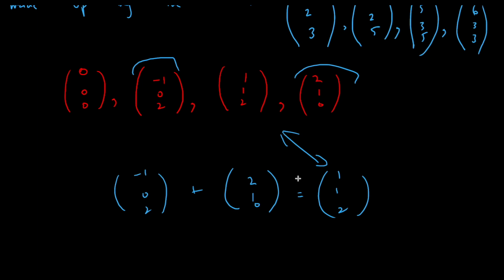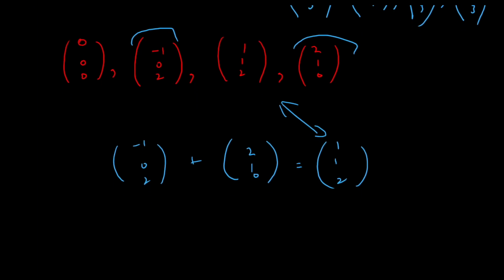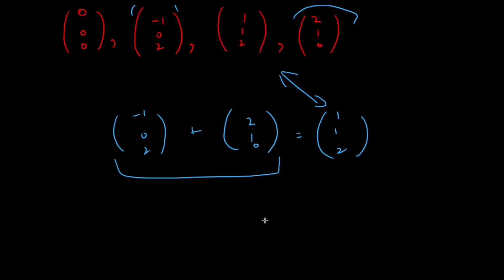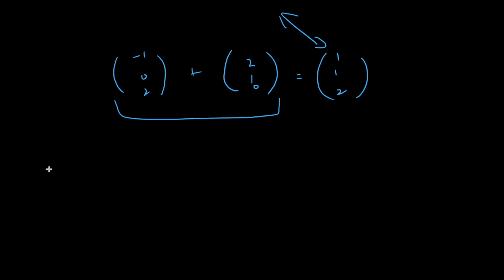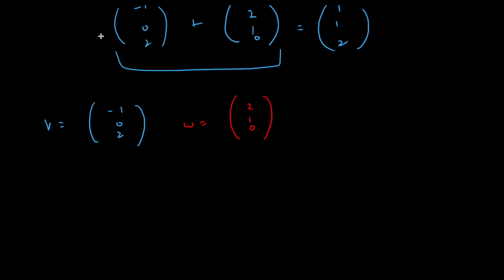So now we know that the vectors that make up the side lengths of our parallelogram are these two vectors. These are the distinct vectors. So here I have v equal to (-1, 0, 2), and w equal to (2, 1, 0). And now I just need to find the magnitude of the cross product of these two.